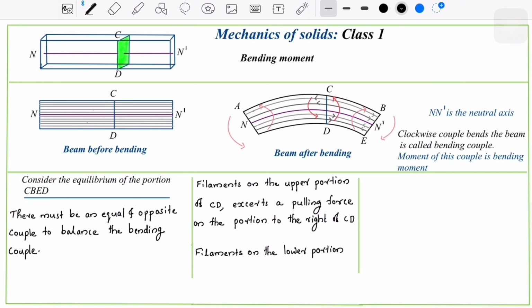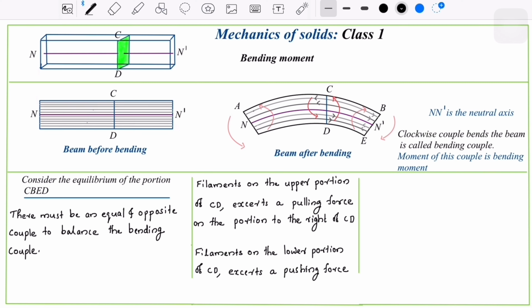Similarly, the filaments on the lower portion of CD exert a pushing force on the right of CD.